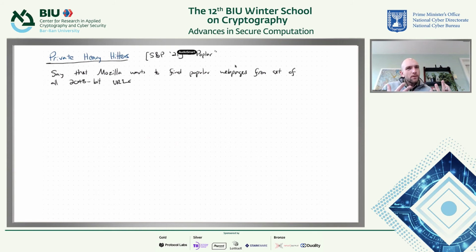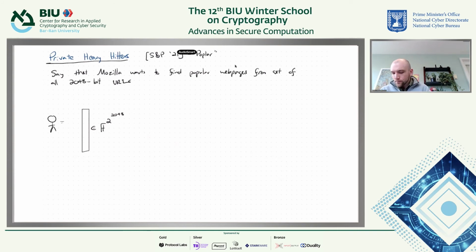The scheme that we looked at the beginning would require each client to produce a vector with dimension 2 to the 2048, and then dot, dot, dot. So this clearly doesn't work, right?